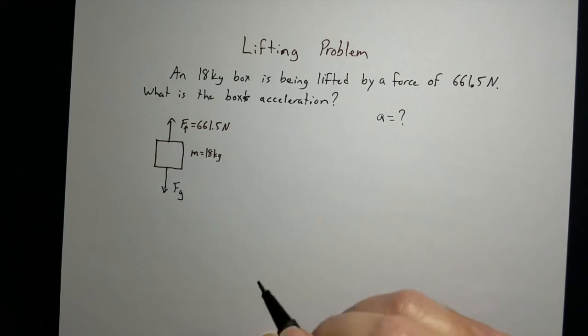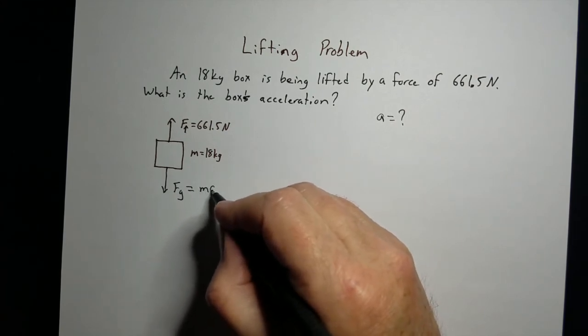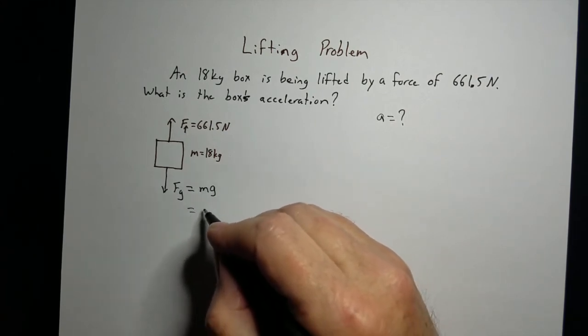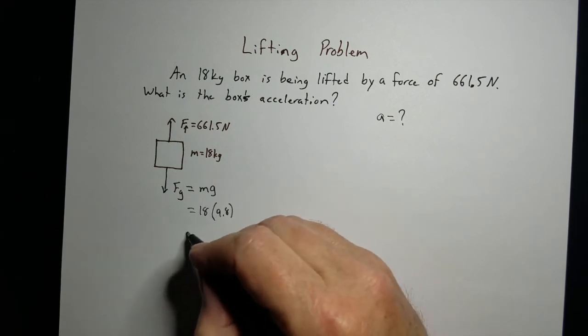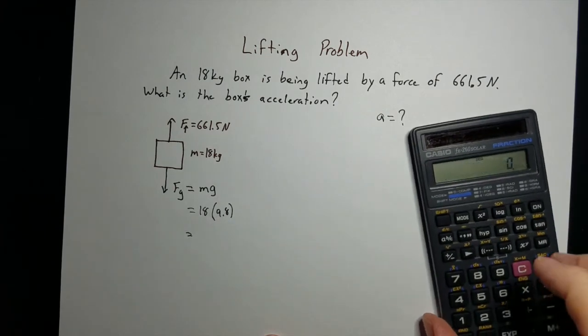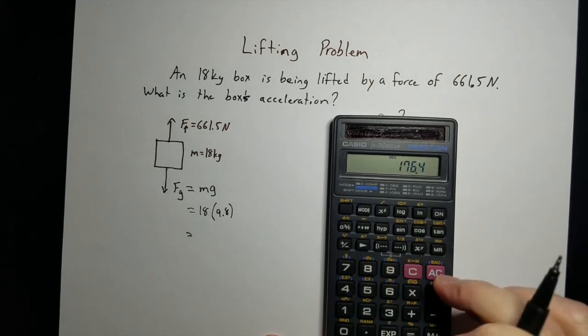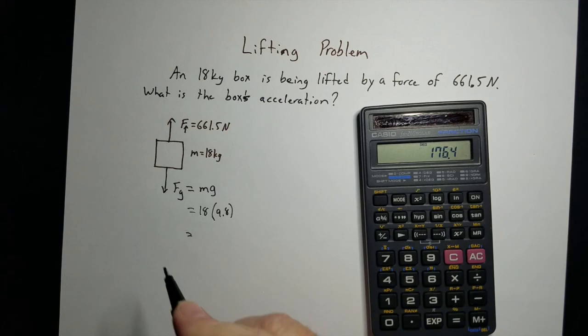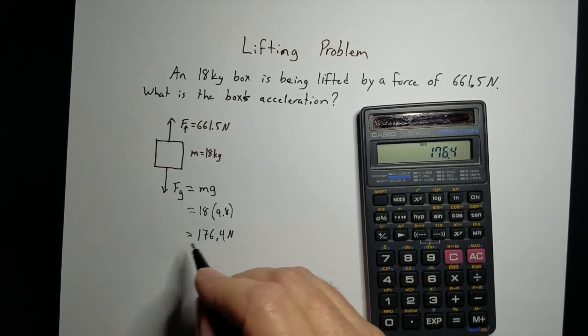So one thing I can do is I can definitely start off by finding the weight of this object. And weight is mass times gravity. So the mass is 18, gravity is 9.8. And so if we figure that out, 18 times 9.8 gives us a weight of 176.4 newtons.